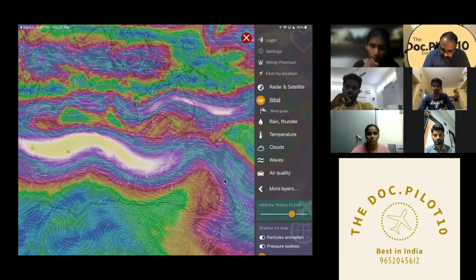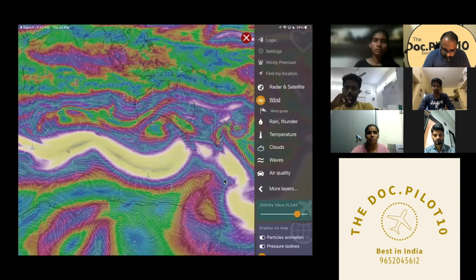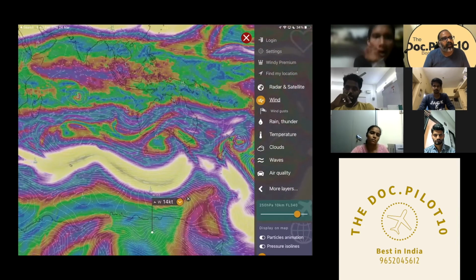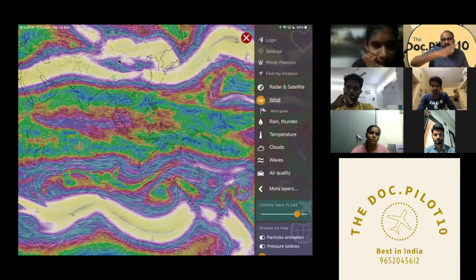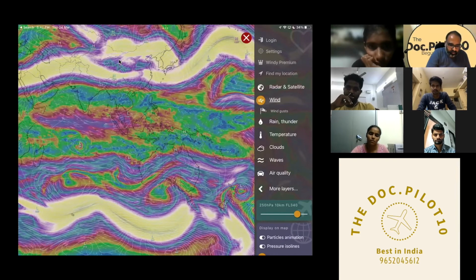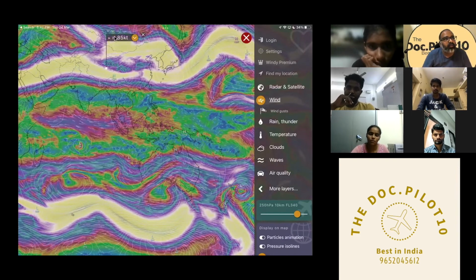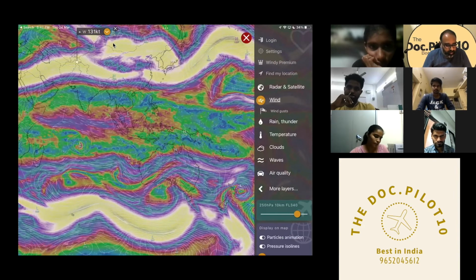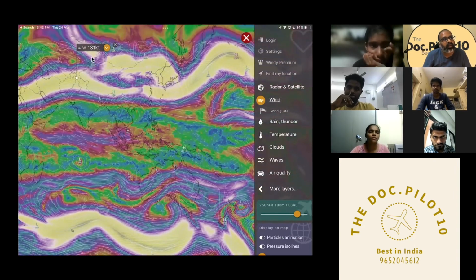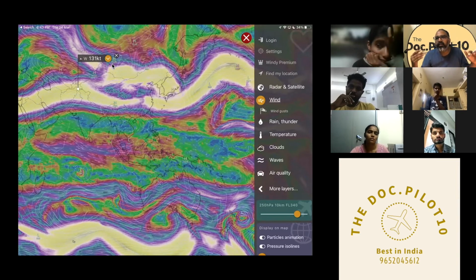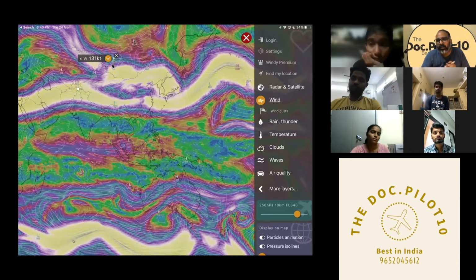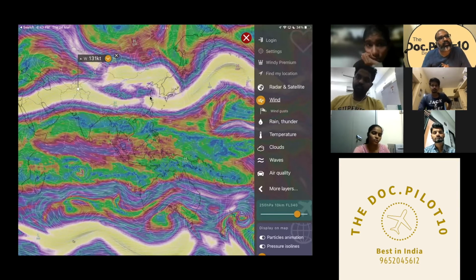If you increase the flight level to 340, do you see a perfect pattern of meandering winds, like waves? Now see the speed with which they are moving. They are moving at 85 knots. Here the speed is 131 knots. A Cessna cannot take off in a crosswind of 17 knots. Do you see high fast moving winds? These are called jet streams.